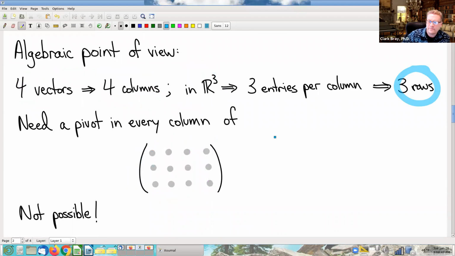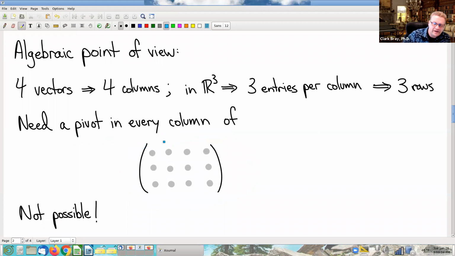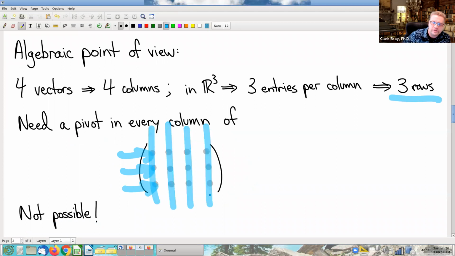It's morally the same argument. Adapted appropriately, we see that in order to be independent, I would need to have a pivot in every column of this matrix. And again, that's not possible. You just can't do it. There aren't enough rows. We only have 3 rows, which means there can be at most 3 pivots. We just don't have enough pivots to have one in every one of 4 columns.